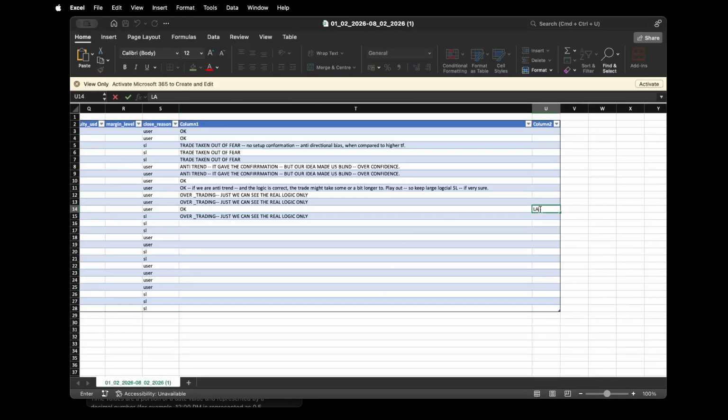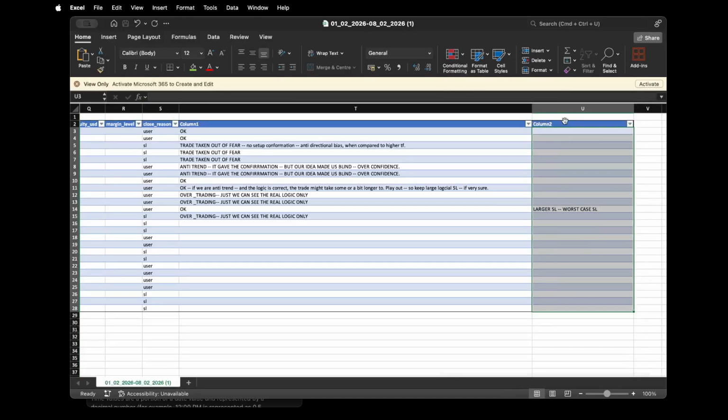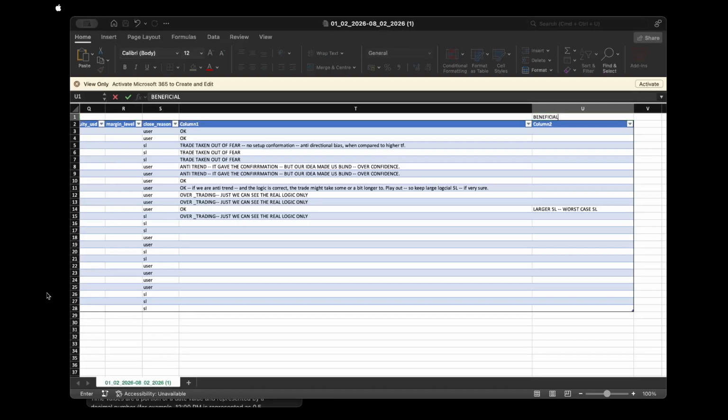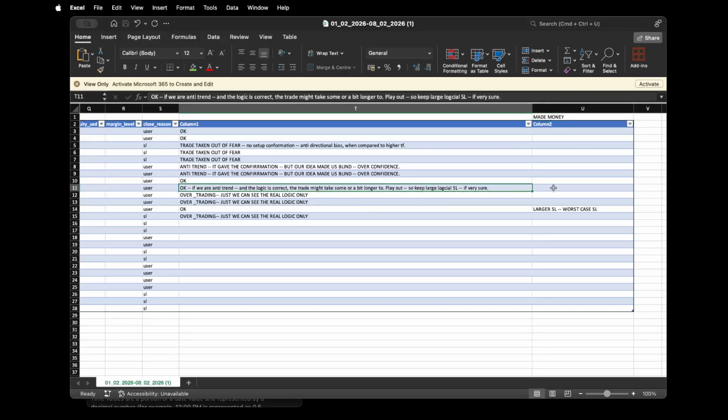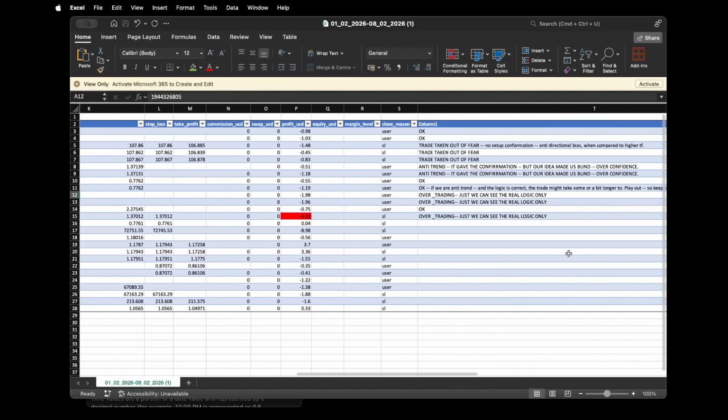A larger SL, the worst case SL, would have saved us. This is beneficial. Am I on Excel? Yes, that's good. So beneficial, we would have made money instead. The spelling is wrong, so it ended, and yep, a larger SL would have saved us again.